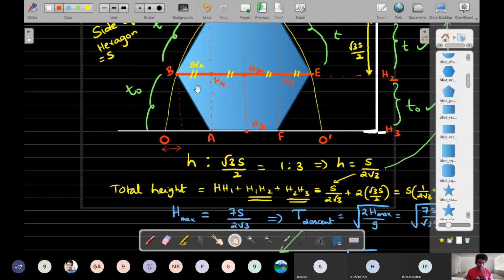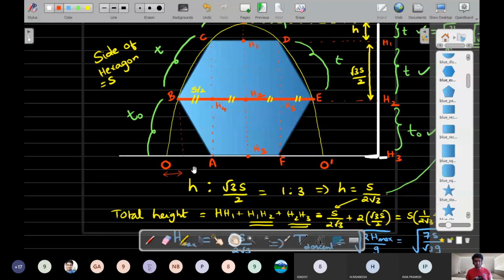Because all these time ratios are nothing but the horizontal gap ratios. Okay, so let me mark that point as some unknown x that you had. This was some x. I have an understanding of now OX length. Okay, so can I say OX projection travels for T naught period, and whereas XA, which is nothing but S by 2, travels for T period.